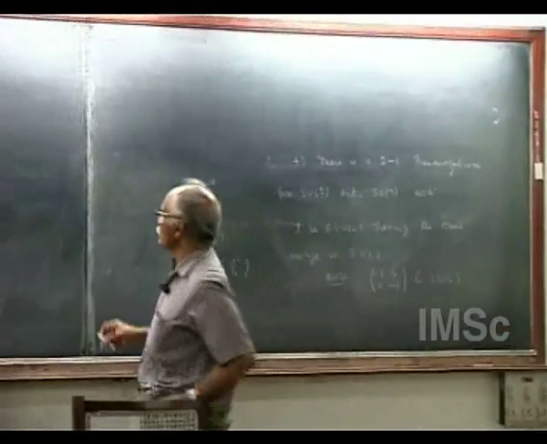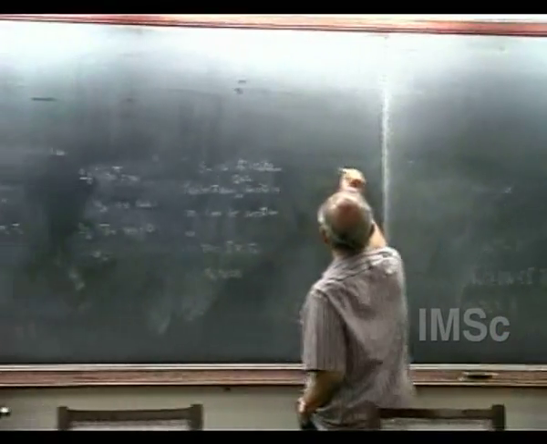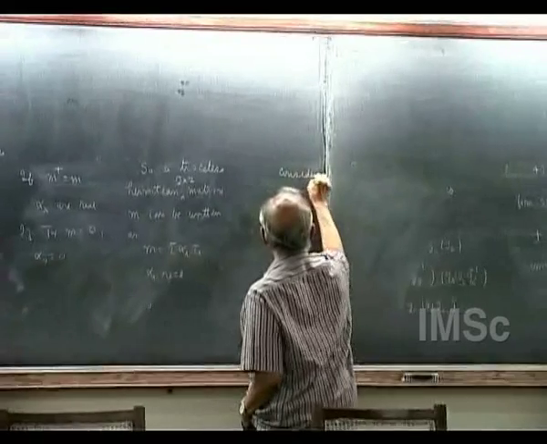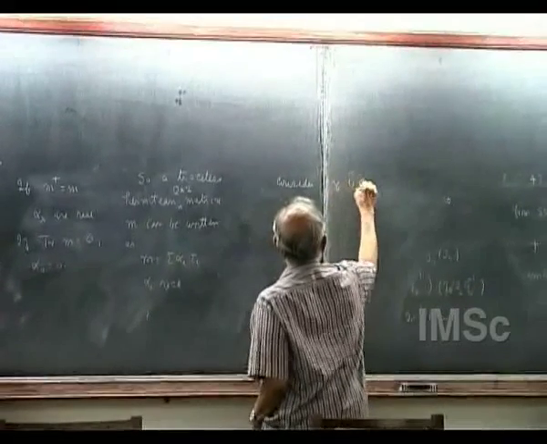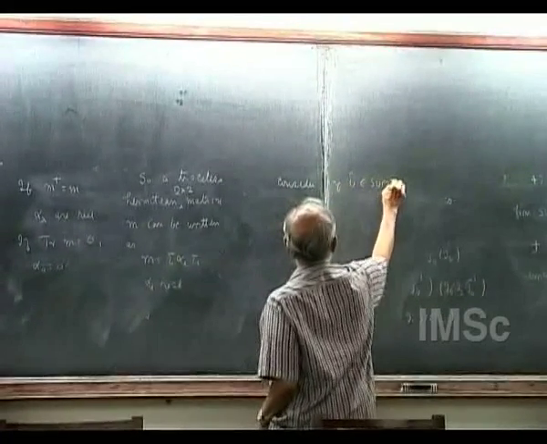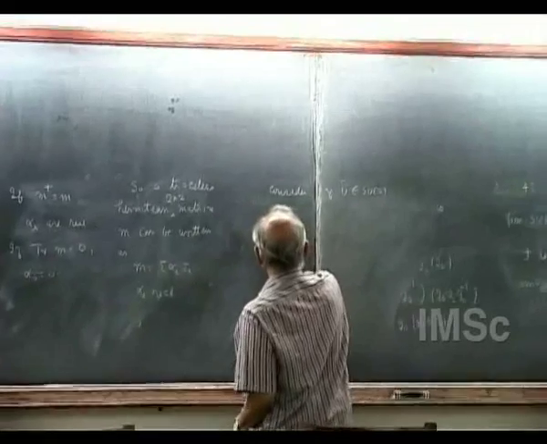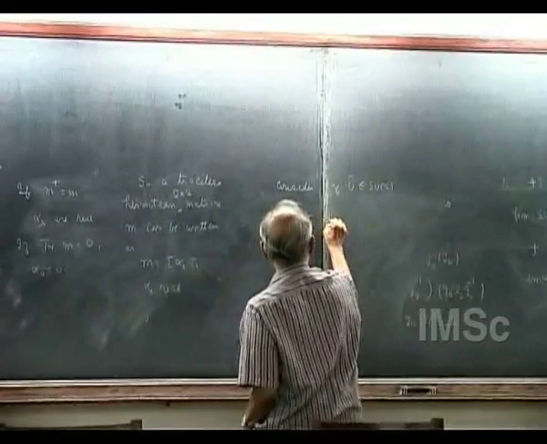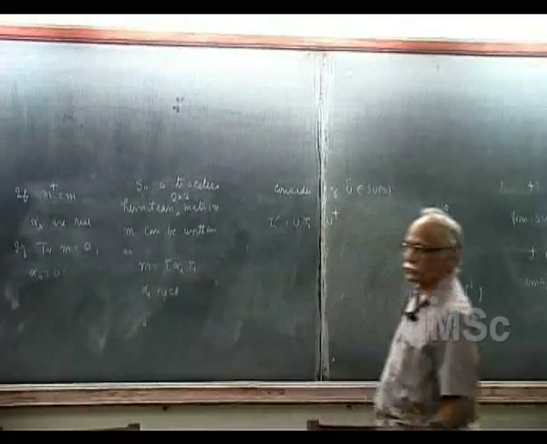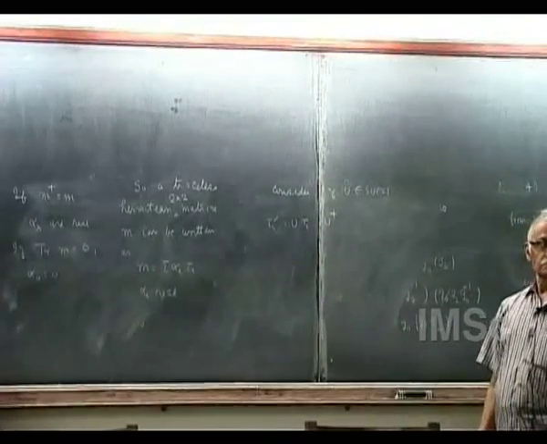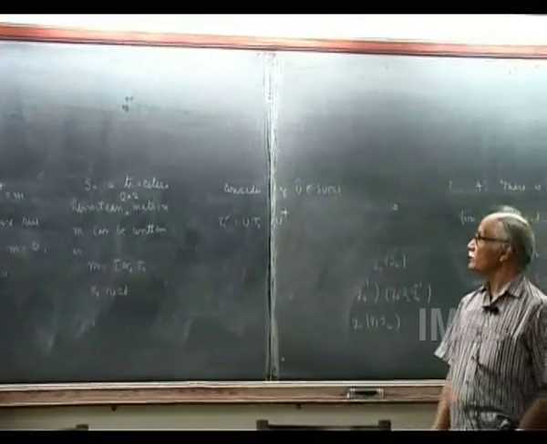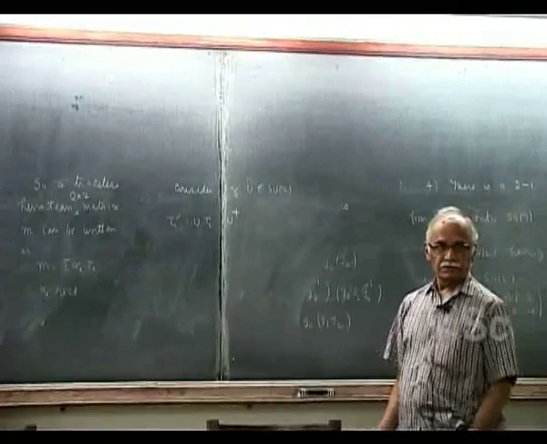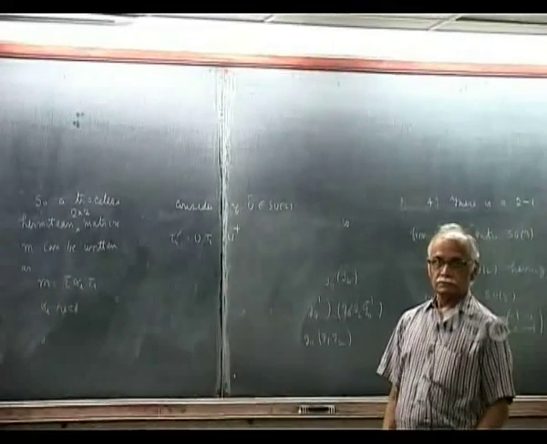Now consider, for u in SU2, this object tau i prime, which is u tau i u dagger. U is a 2 by 2 matrix which is unitary and has determinant plus 1.